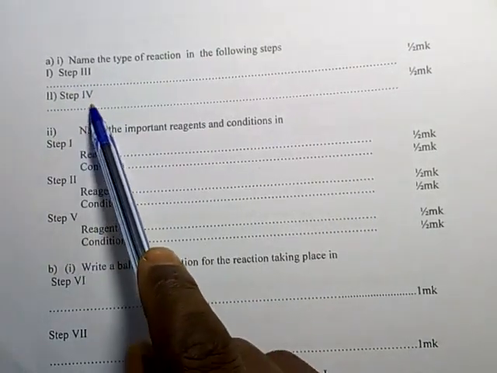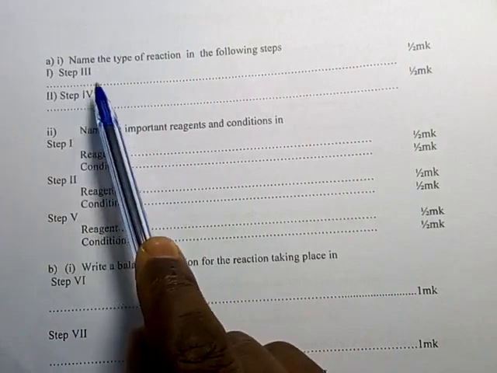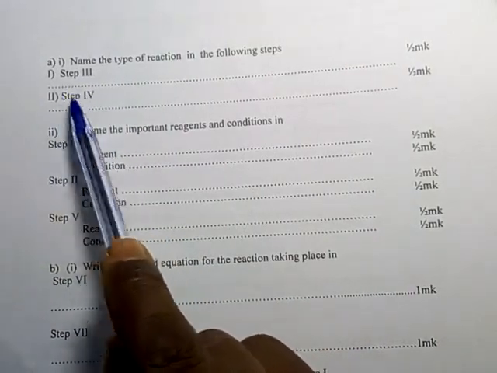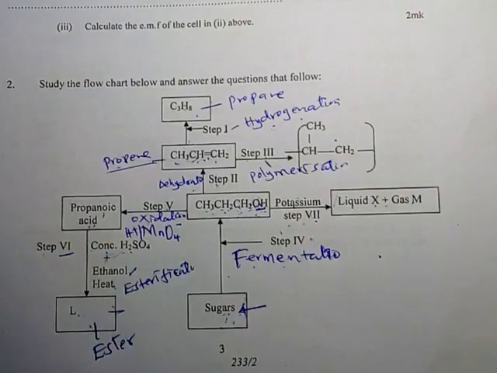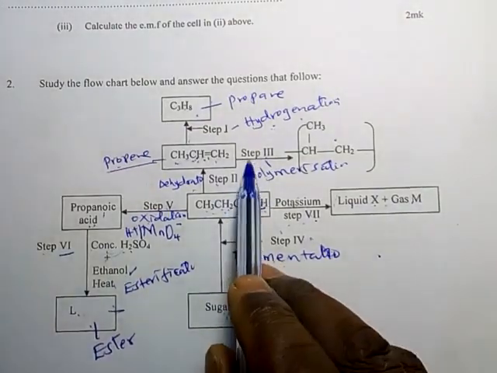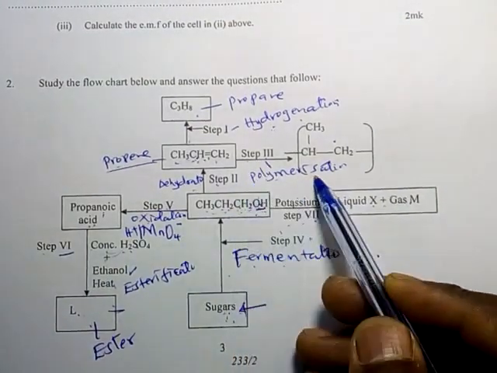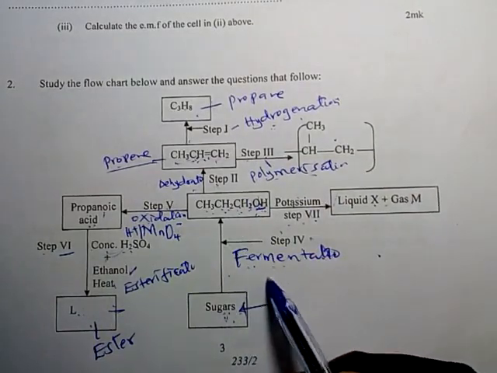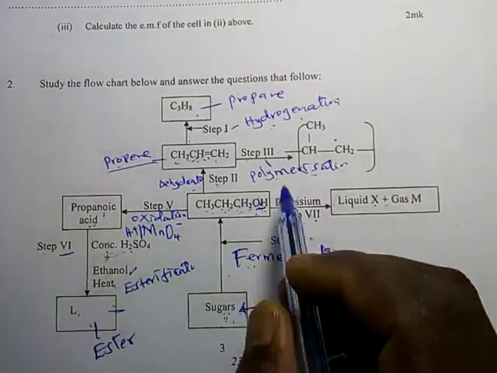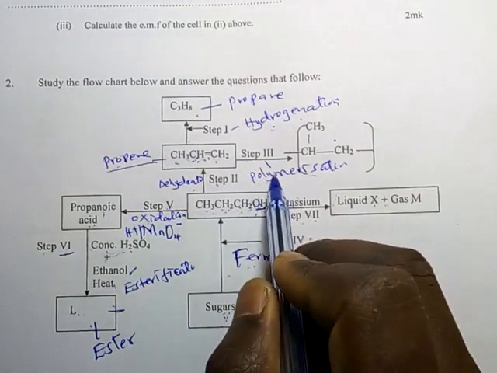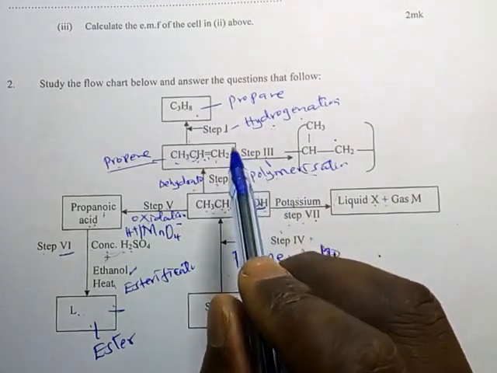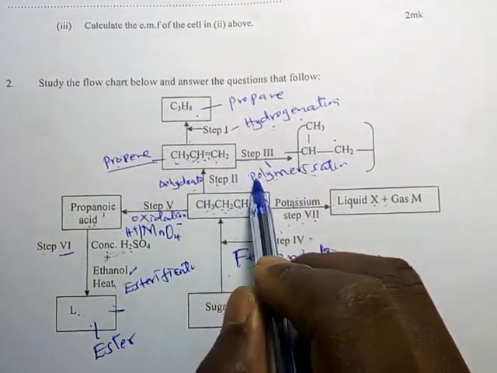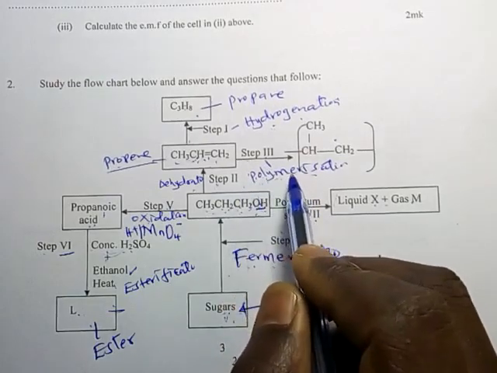So we go back to the chart and then see step 4. What kind of reaction do we say is there? The reaction in step 3 is polymerization. The reaction in step 4 is fermentation. So these are the things we are going to write there. But remember, we have two types of polymerization. We have addition polymerization and condensation polymerization.